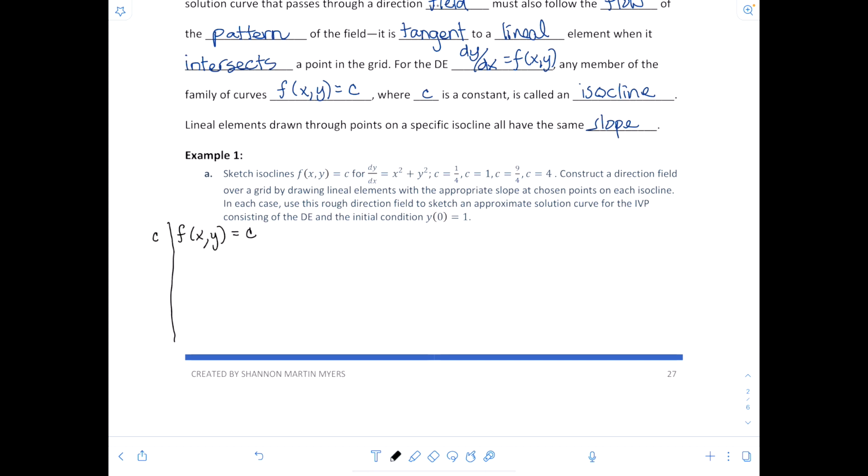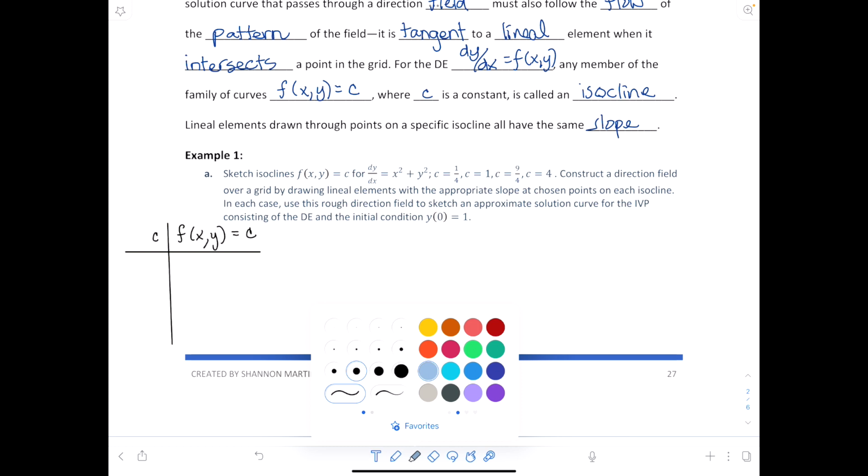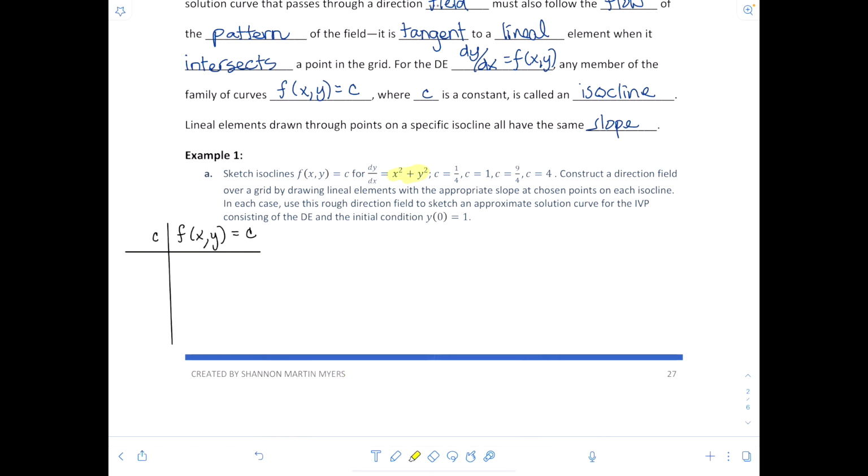And remember that f of x and y was given to be x squared plus y squared, because it is on the other side of that equation, right? That's the format. And then we've got these different values of c. We've got a quarter, 1, 9 quarters, and 4.